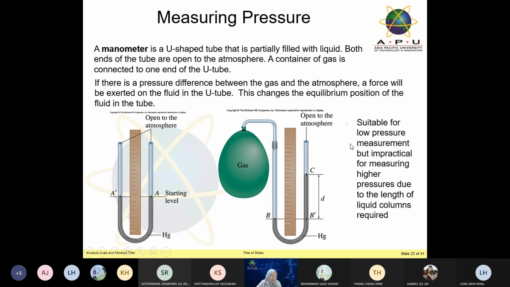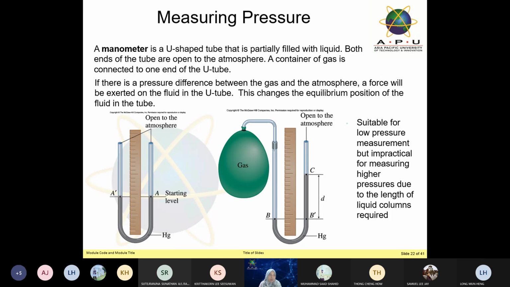A container of gas is connected to one end of the U-tube. If there is a pressure difference between the gas and the atmosphere, a force will be exerted on the fluid in the U-tube.